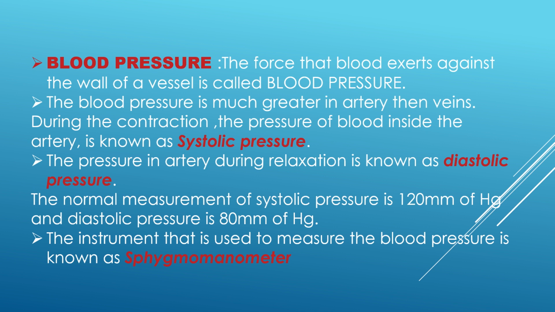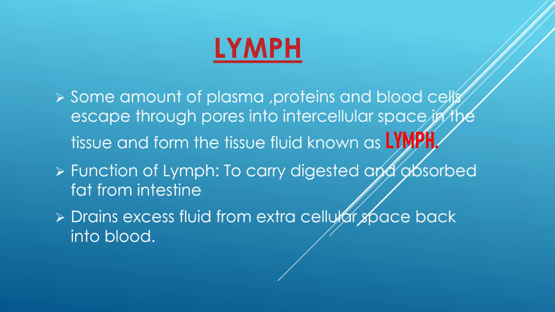The normal measurement of systolic pressure is 120 mm of Hg and diastolic pressure is 80 mm of Hg. More than 120, a person is suffering from high blood pressure. This blood pressure is measured by an instrument known as a sphygmomanometer. So we have completed the blood part of the circulatory system.